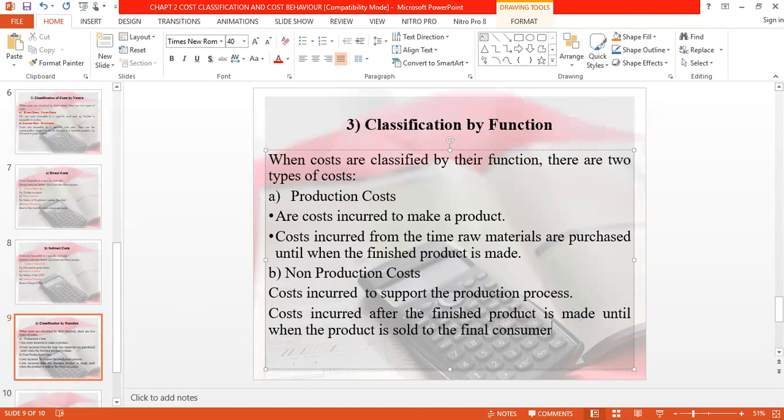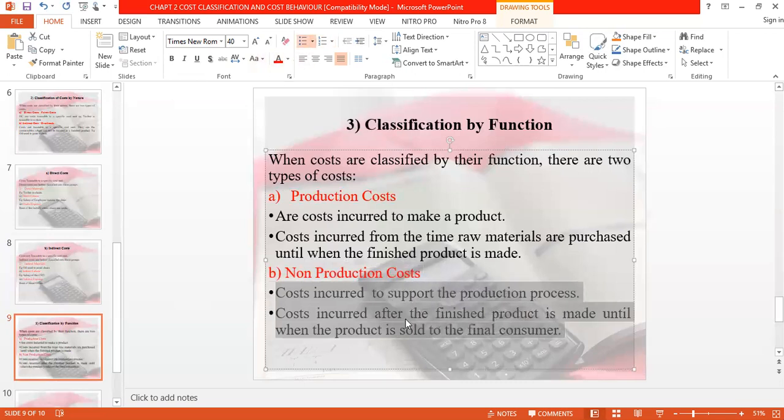Any cost you incur after you have made the product until when you sell the product to the final consumer becomes non-production cost.